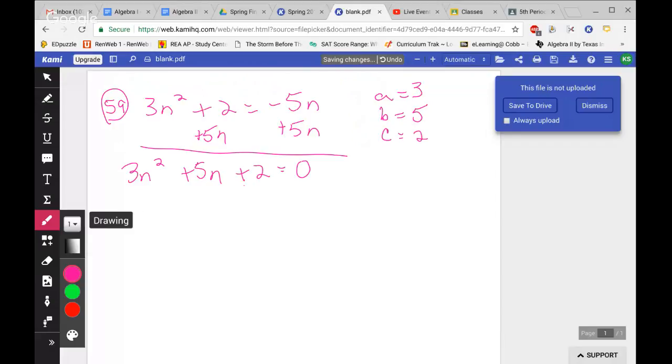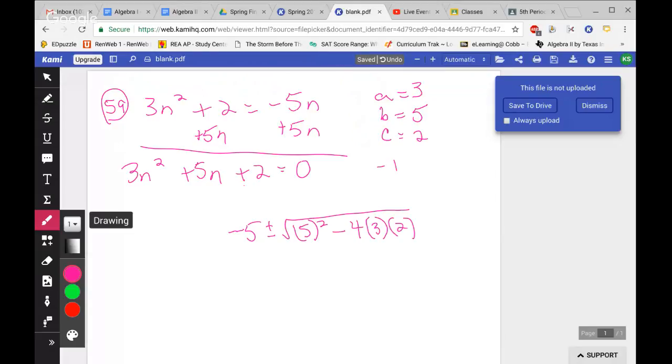Good job. So now we're going to put it in the quadratic formula, which is going to be the opposite of B. So what's the opposite of 5? Negative 5. Negative 5 plus or minus the square root of 5 squared, or B squared, minus 4 times A, which in this case is 3, times C, which is 2.